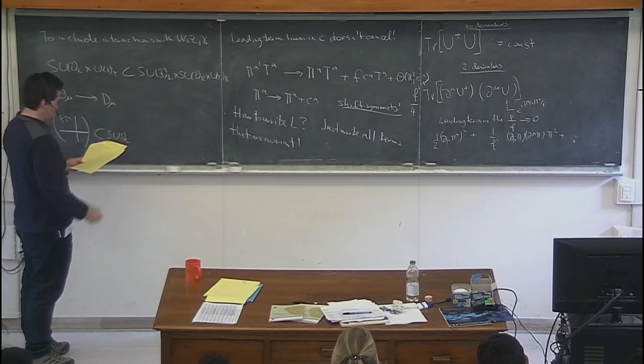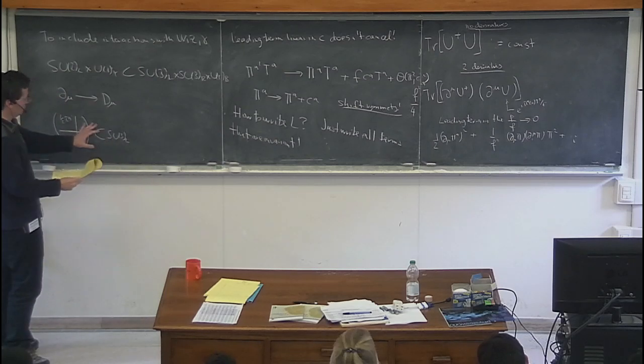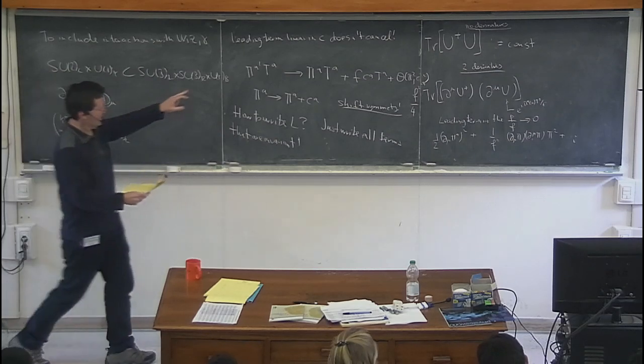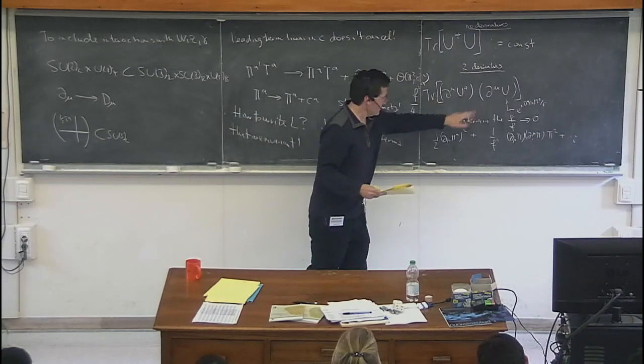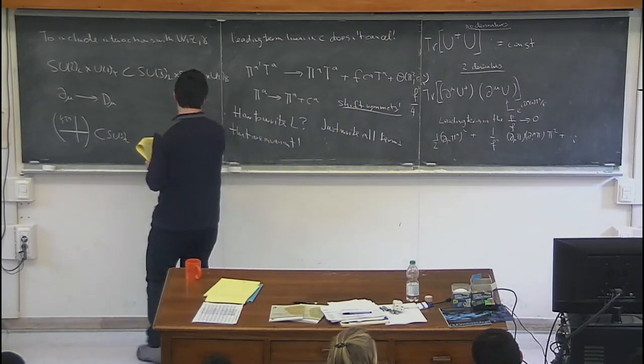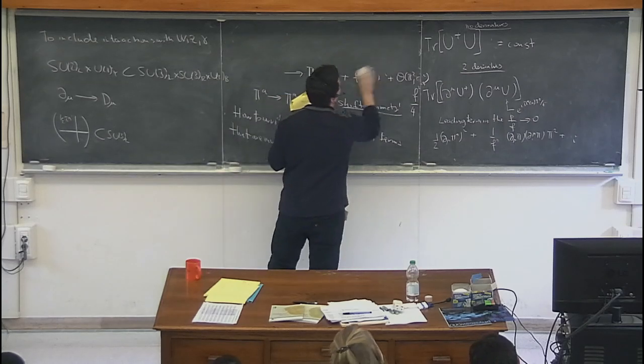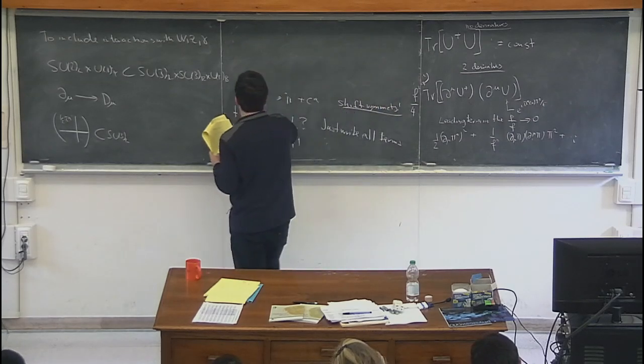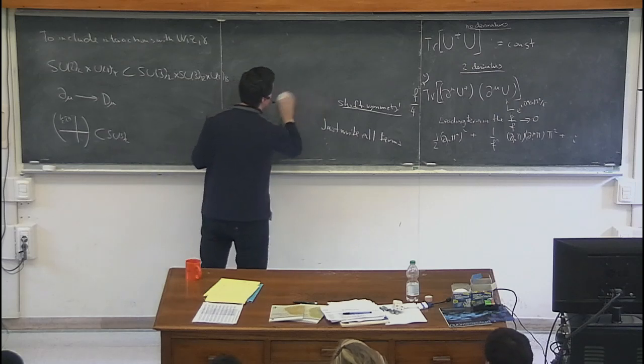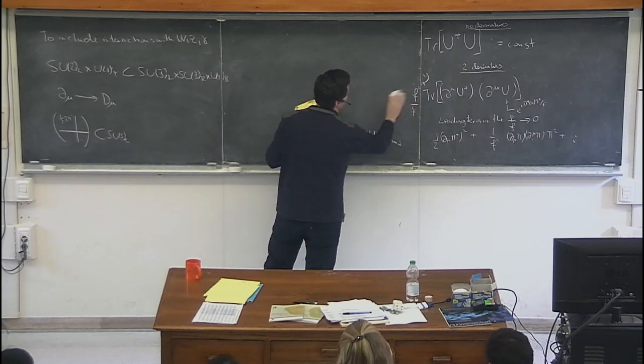And once you have this, of course you can just go ahead and, instead of this Lagrangian, write a Lagrangian with a covariant derivative including the standard model gauge bosons.